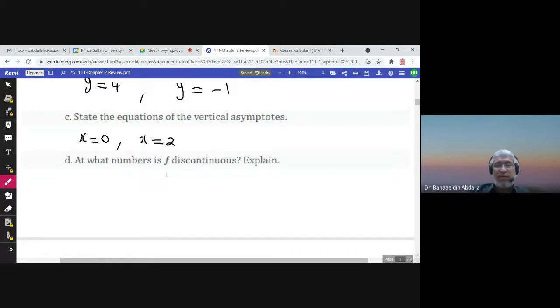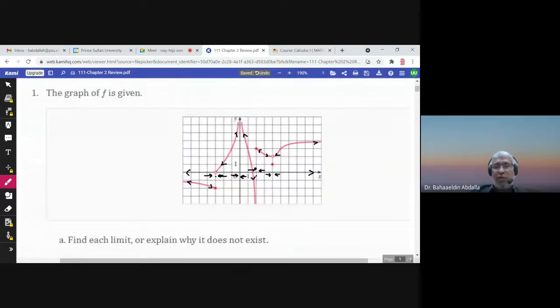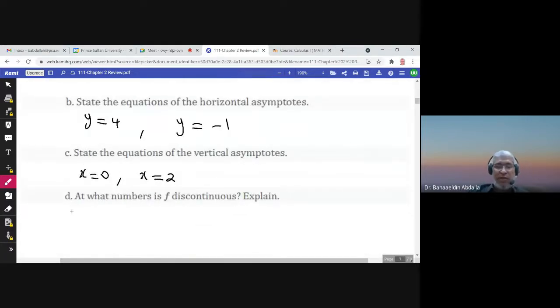At what numbers is f discontinuous? Explain. So the lines x equals 0 and x equals 2 are vertical asymptotes, and y equals 4 and y equals -1 are horizontal asymptotes. The function is not continuous at this number, -3. Function is not continuous at -3.